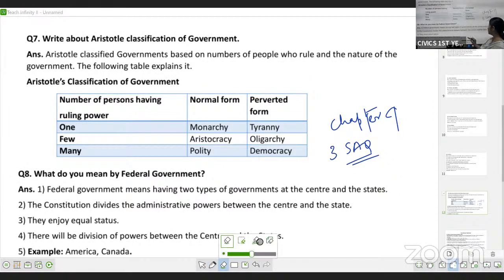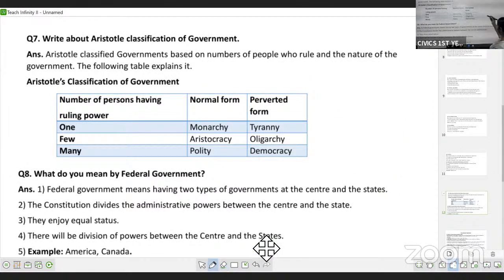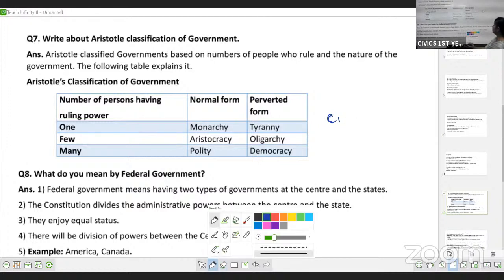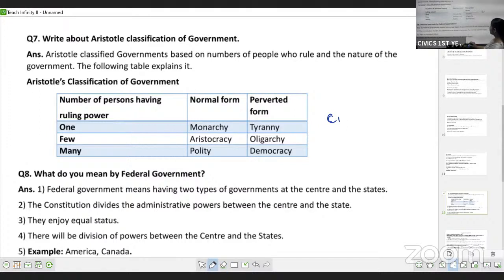So for SAQs, I suggest you to learn. Differences is over. Then I am giving you the chapter names. Other than differences from 2nd, 3rd and 10th, 11th chapter, it's better to learn short answers from 6th chapter, rights and duties.